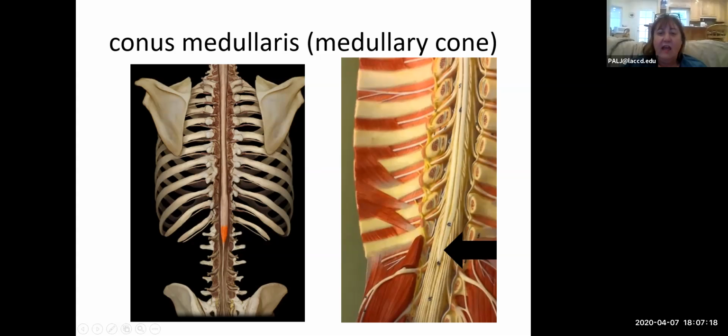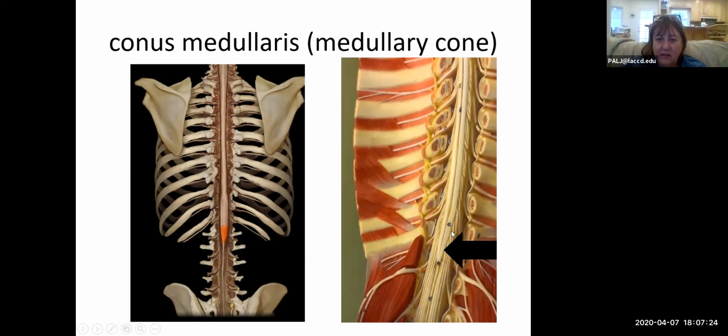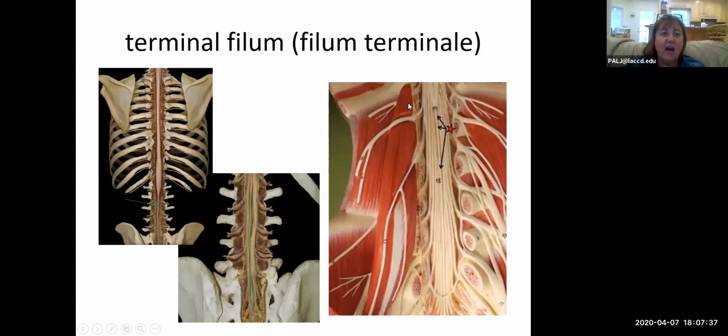And from the conus medullaris, let me go back to this picture. Find the conus medullaris and look right here at the middle. Do you see this one fiber coming from the very middle of it? You can see it because it has a number on it. That one structure is known as the filum terminale.